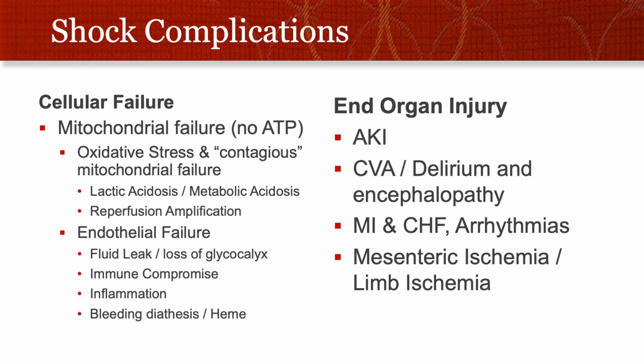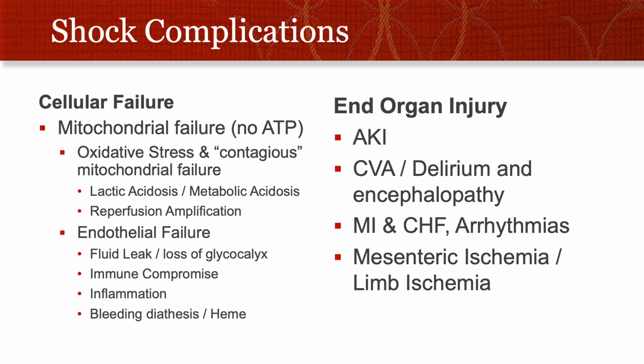And finally, one of the core organs that's so susceptible to poor delivery of oxygen is the endothelium. And at the level of the endothelium, when you don't deliver enough ATP, you start to have a massive failure with fluid leak. You lose that protective glycocalyx, and you get a massive inflammation reaction and spitting out of inflammatory mediators.